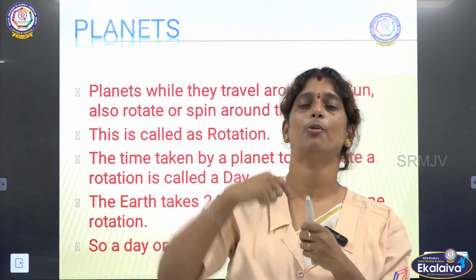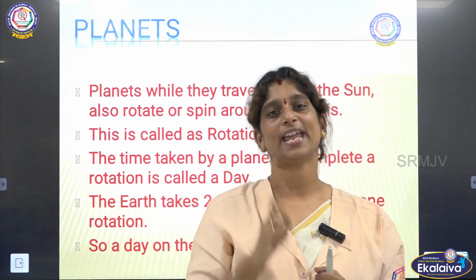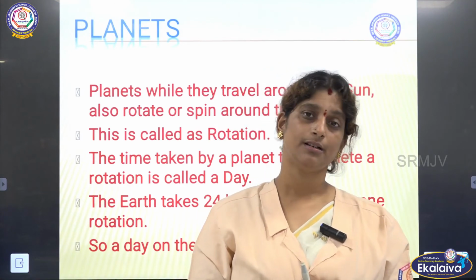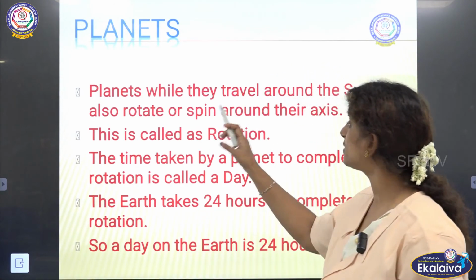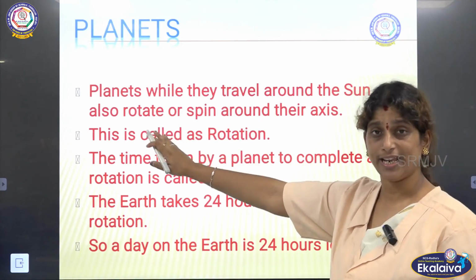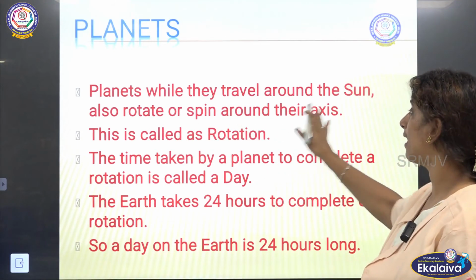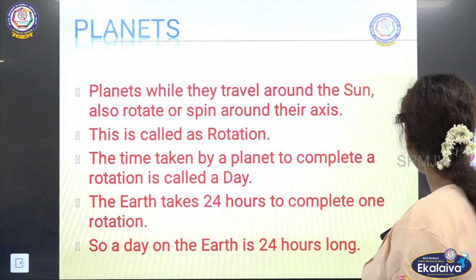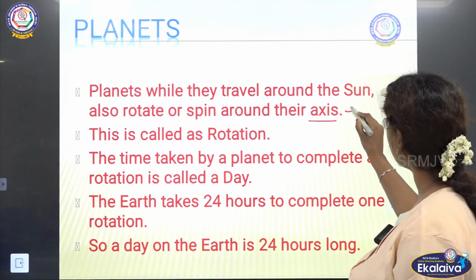One complete round around themselves takes 1 day for a planet. Planets, while they travel around the sun, also rotate or spin around their axis. Axis means the center line.